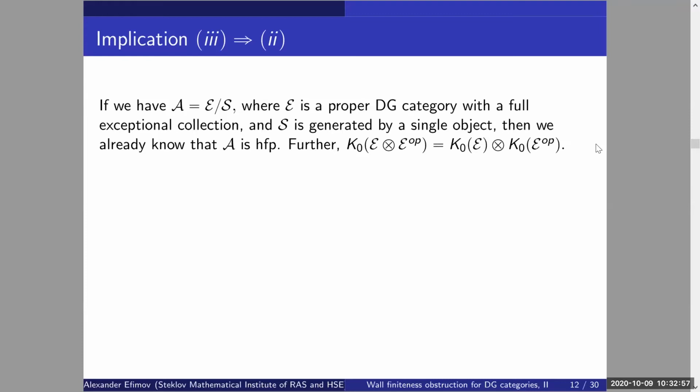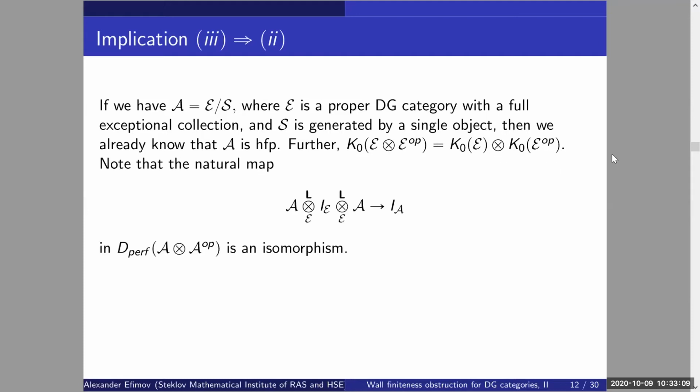But this actually easily follows from the fact that for a category with exceptional collection, we have this isomorphism: K0 of E tensor E opposite is the same as the tensor product of K0s. And then it's just a general property of these localizations in the DG setup that when you take these localizations, the extension of scalars of the diagonal is the diagonal.